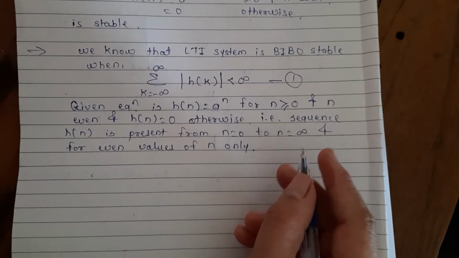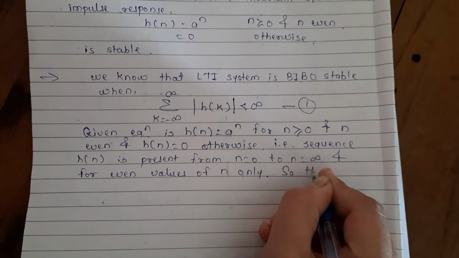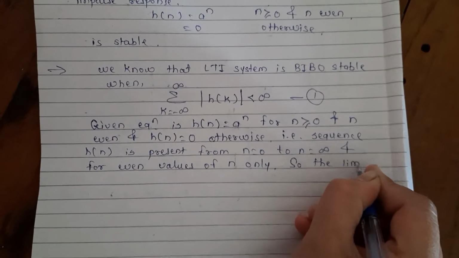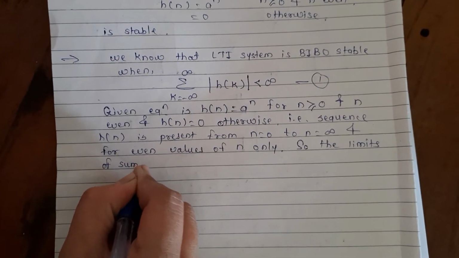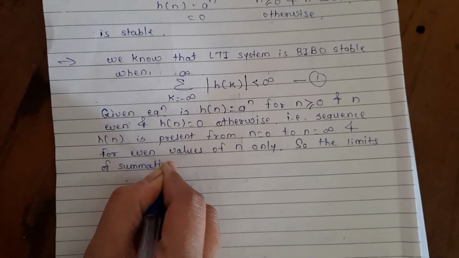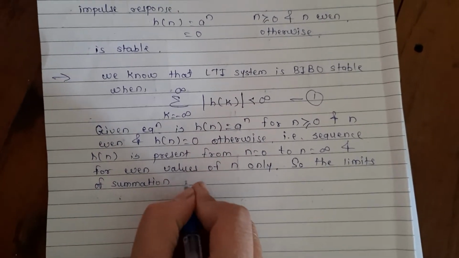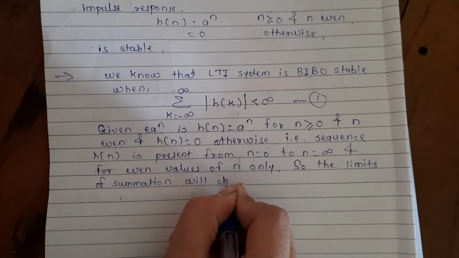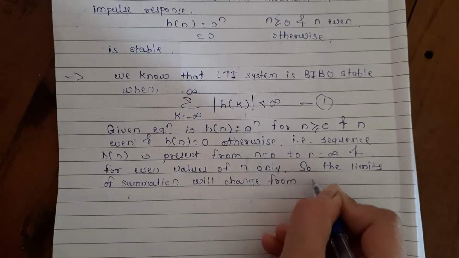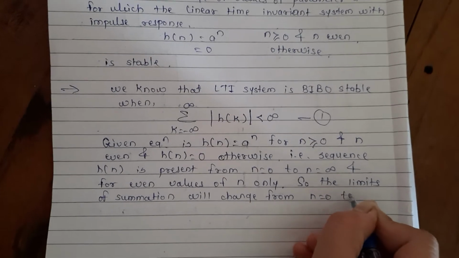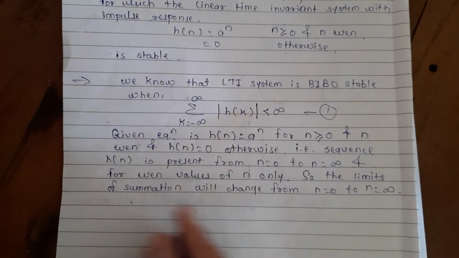So the limits of summation will change from n is equal to 0 to n is equal to infinity.